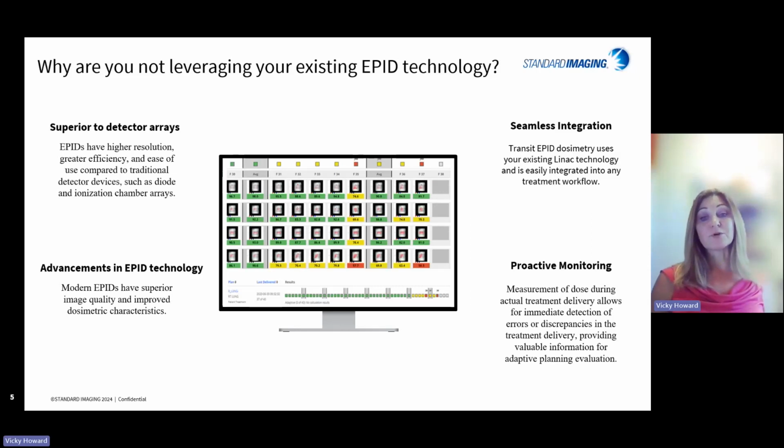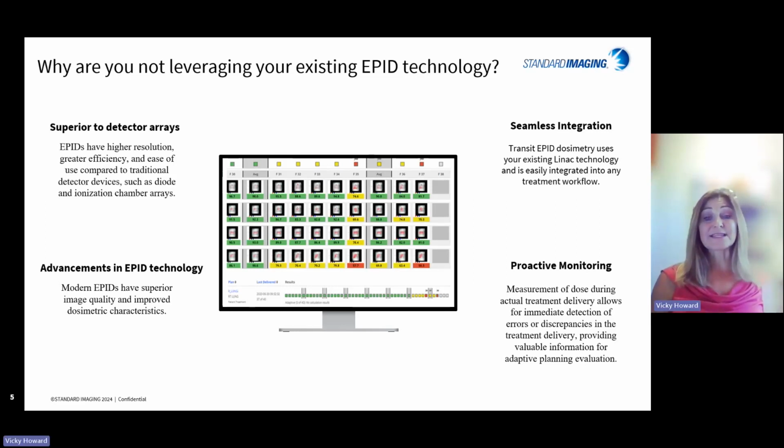Modern EPID technology boasts superior image quality and improved dosimetric characteristics compared to EPID technology of the past. Moreover, EPIDs are superior to traditional detector devices such as diode or ionization chamber arrays because they offer higher resolution, better efficiency, and really greater ease of use.